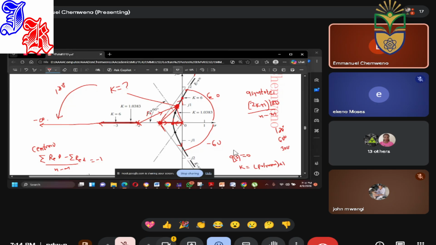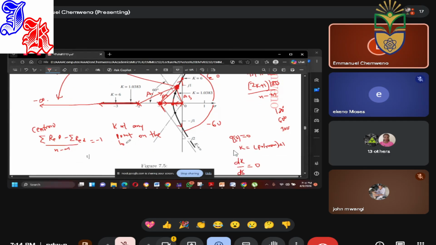A1, A2, A3. So K at any point on the locus can be determined graphically.